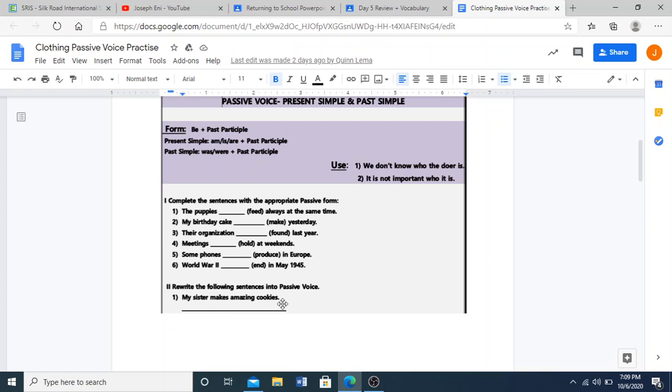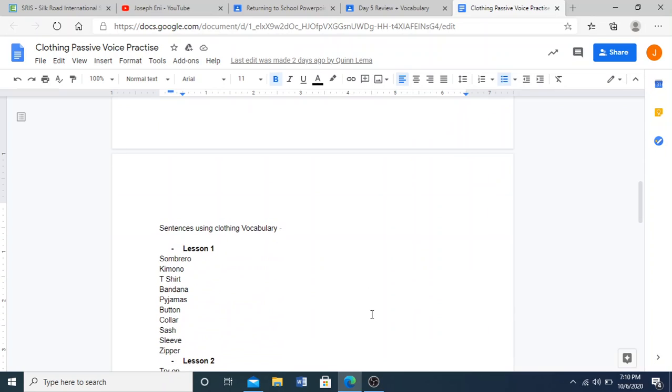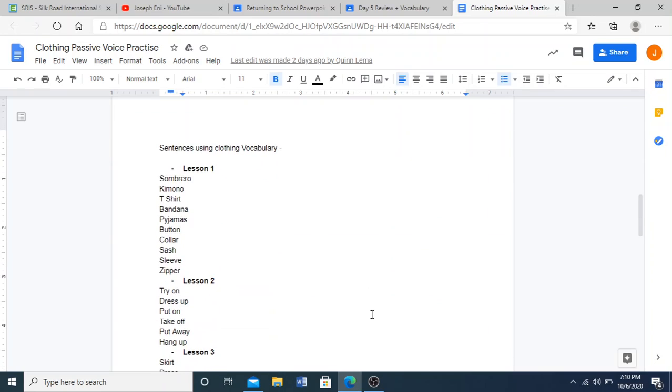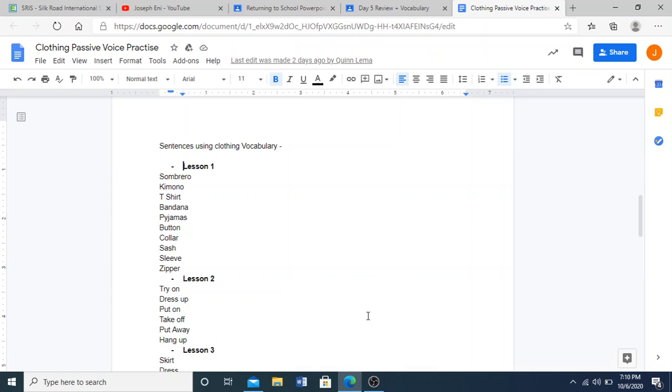So this is the passive voice for this sentence. Amazing cookies are made by my sister. Okay, I hope everyone was able to get that passive voice work right, and all the correction that I have made. So this is the reason why I've asked you to get all the work you've done in Unit 3 so far.